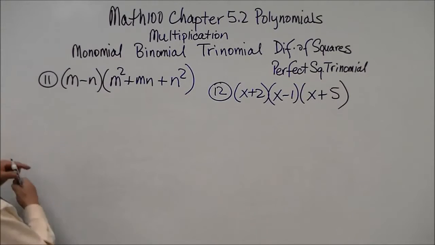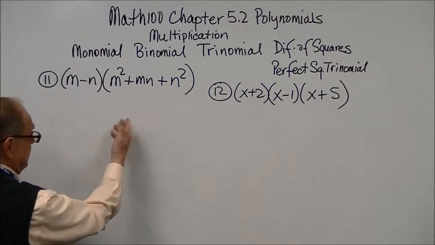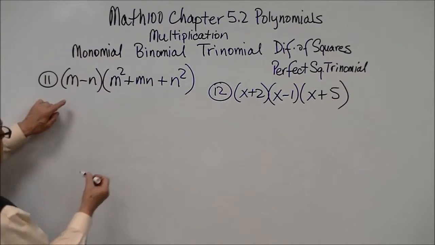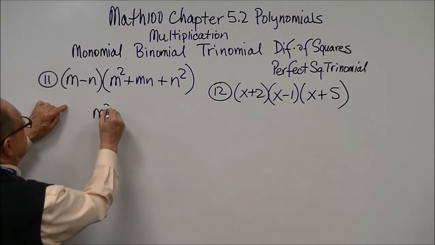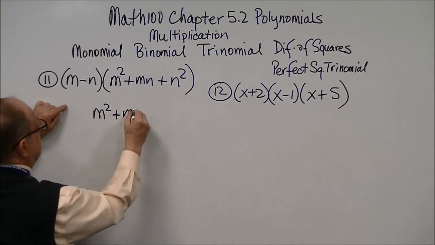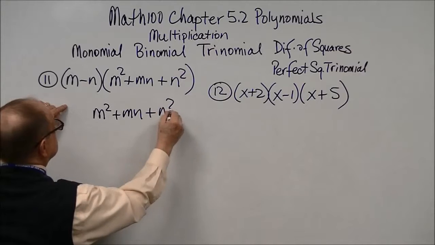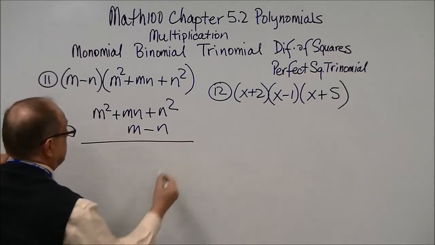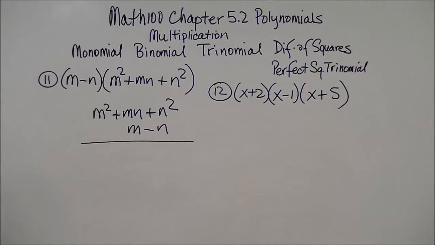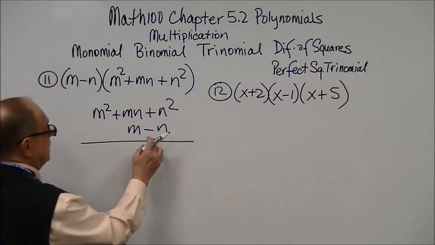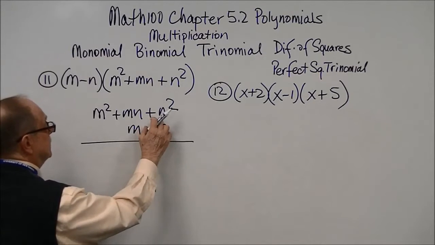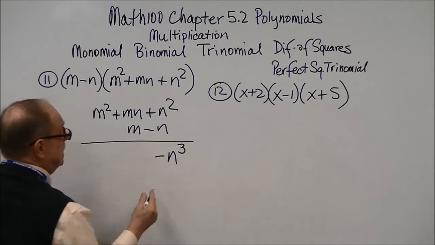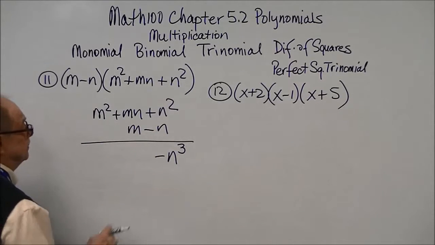Going on to 11. Again, there's no numbers in here, just variables, but they treat it the same way. Write this here, m squared plus mn plus n squared. And again, you want to set up like term columns. So this times this will give you a negative n cubed.